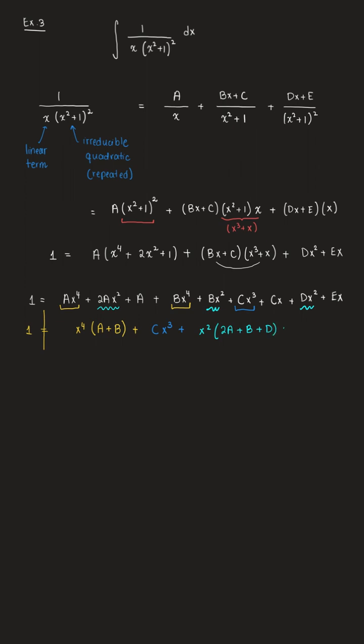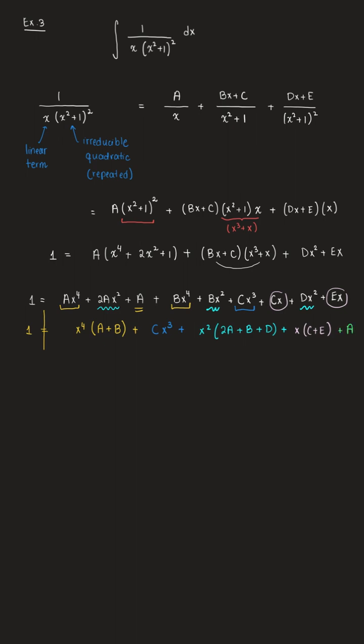And then for the x's, we have cx and ex. So if I pull out an x, that's c plus e. And then for the single constant, we just have the a left. Oops, I should have used a different color. I'll use green. So plus a.